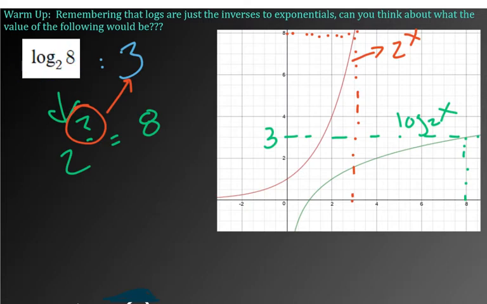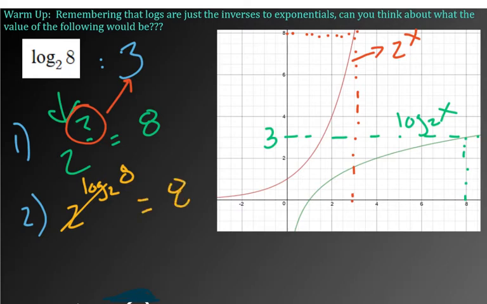The log is the exponent that, so here I'll write it like this. So this is the first way on that next slide that we can think of logs as an inverse to exponentials. But you can also think of it this way. You can think, okay, 2 to the log base 2 of 8, right? These should then cancel and give you 8.